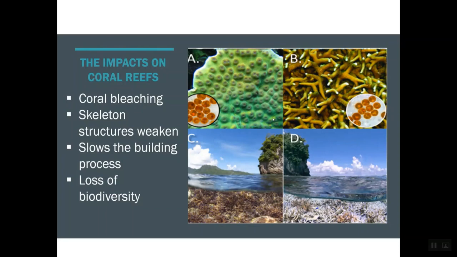Now, small bleaching events have been reported for the past 100 years, but large-scale bleaching like what we see nowadays, like what has happened in the Great Barrier Reef, was never seen before 1979, with the biggest and worst case happening in 2016.